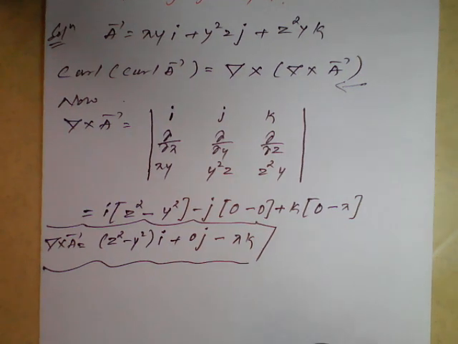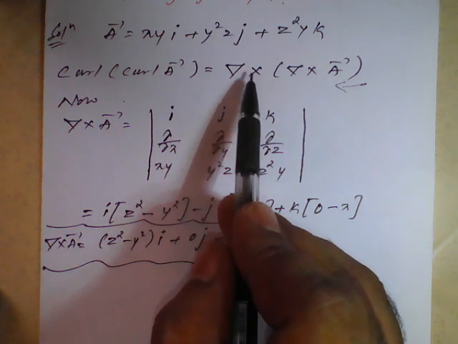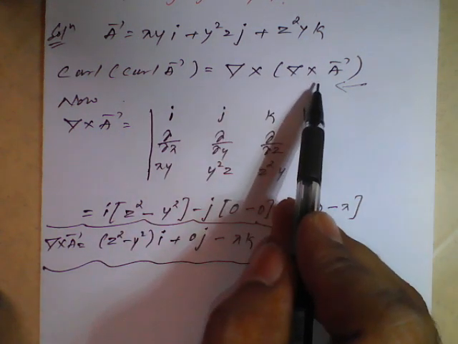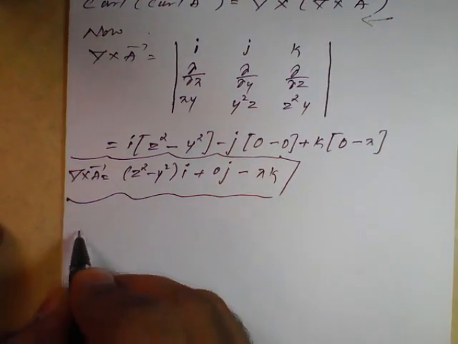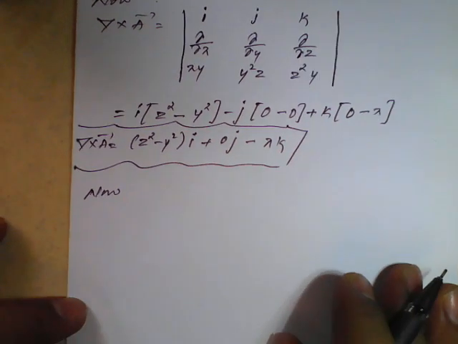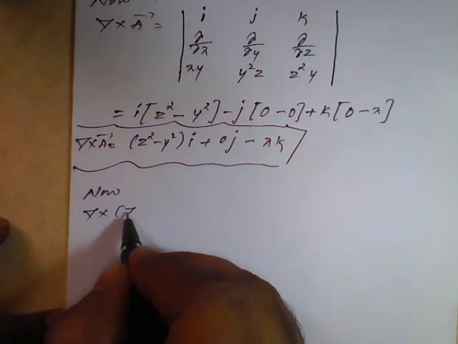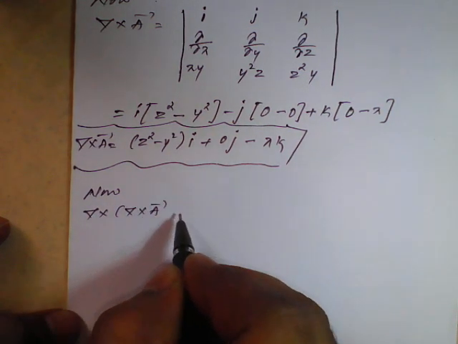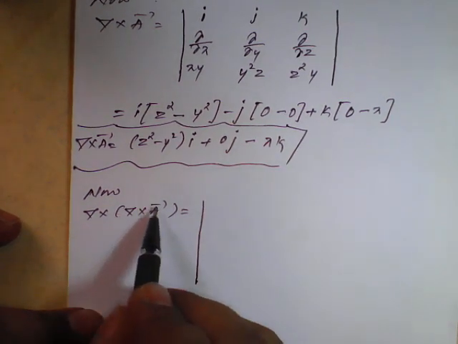Now we need to find the value again. We got this answer, so we need to take the curl again of the resultant we got. Therefore del cross vector A is equal to the determinant. Now this answer we know.